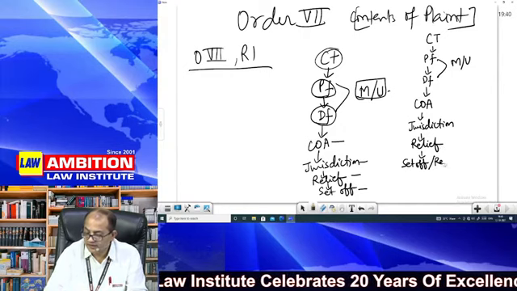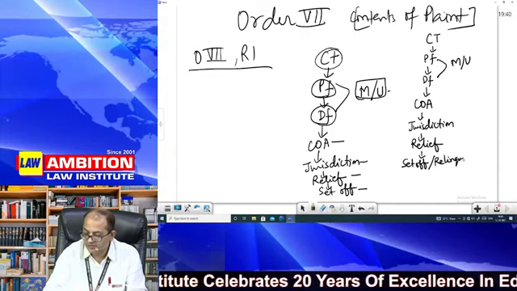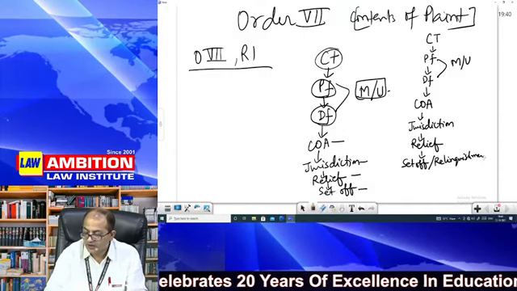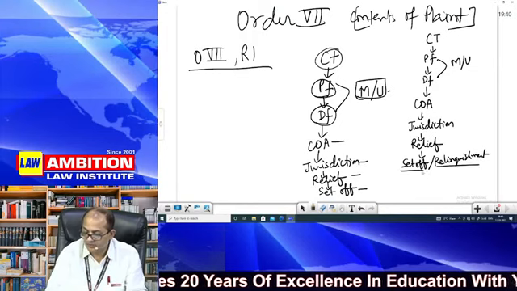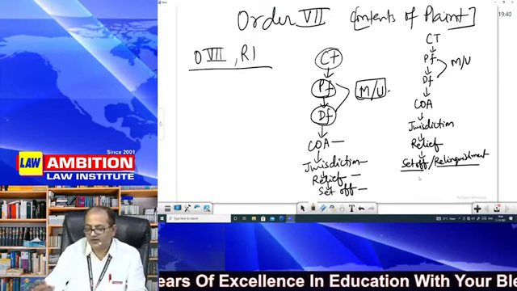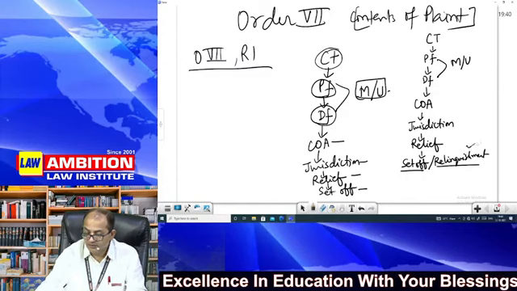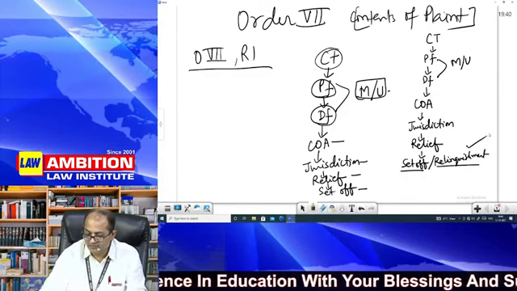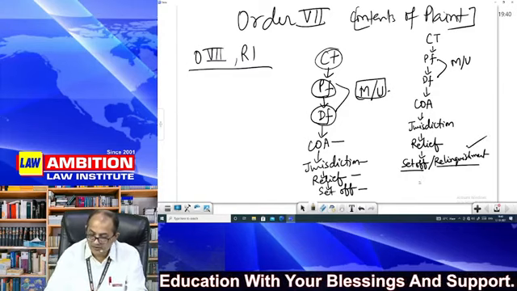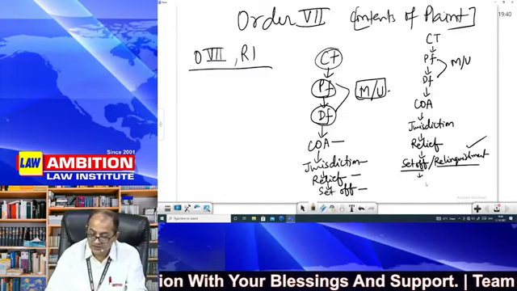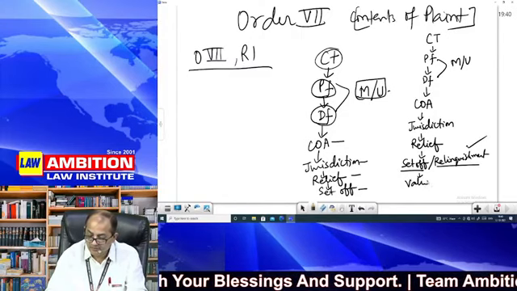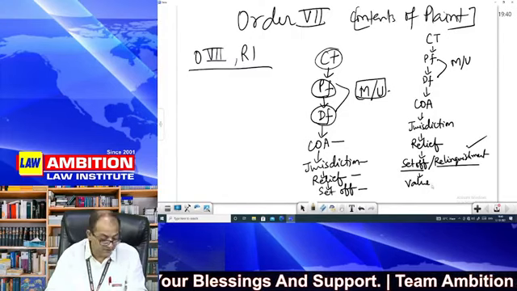Set-off means setting off mutual debts. I have taken 500 rupees from you and you have taken 200 rupees from me. So there will be a set-off of 500 and 200, so only 300 is left. Relinquishment, that is where you relinquish, you leave certain claims. Set-off or relinquishment. And last but not the least, valuation. Valuation for jurisdiction as well as court fees.